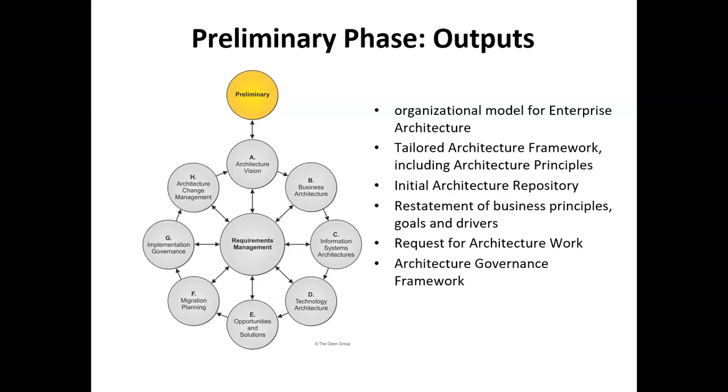Okay. Let's say architecture definition document. In that, probably the organization model for enterprise architecture can go inside that. And let's say, for example, the requirement document, the request for architectural work, and some of the initial content can go there.